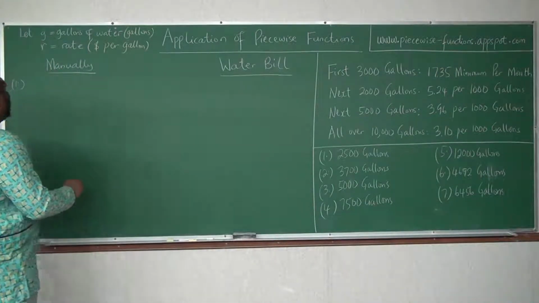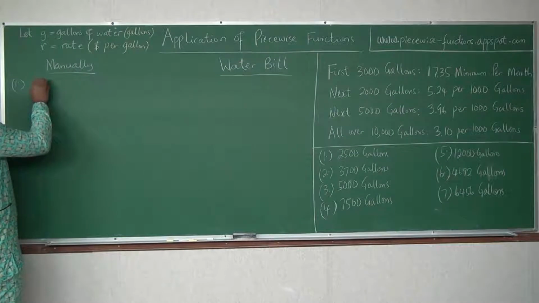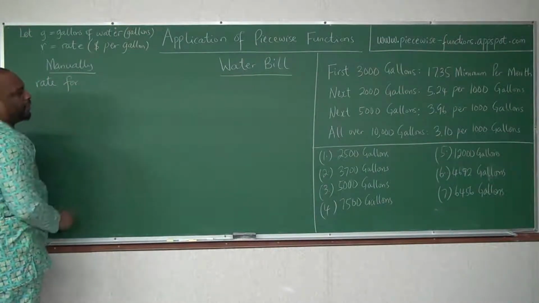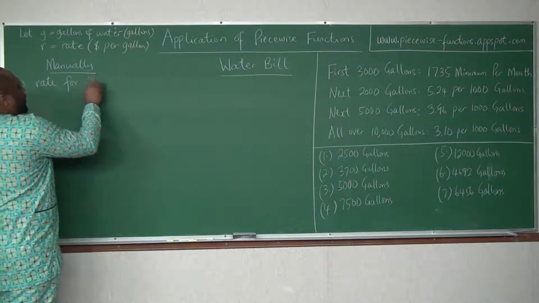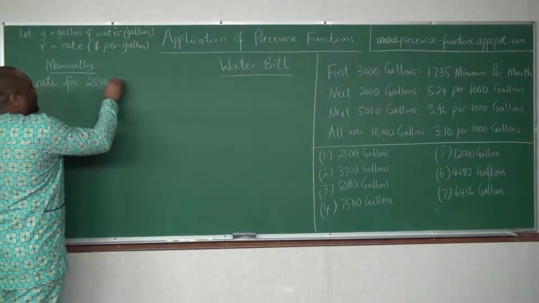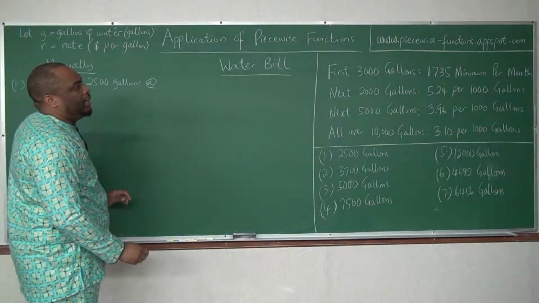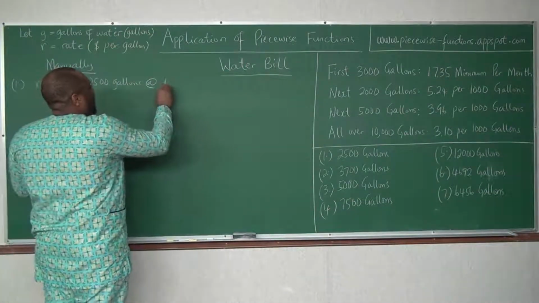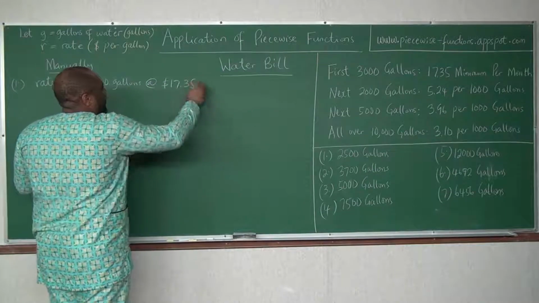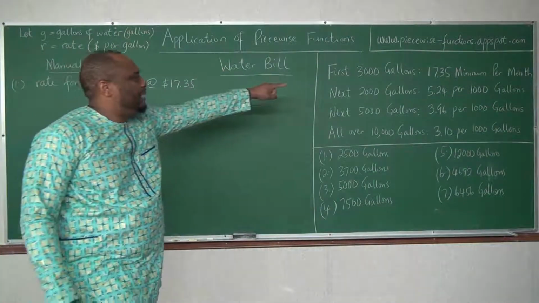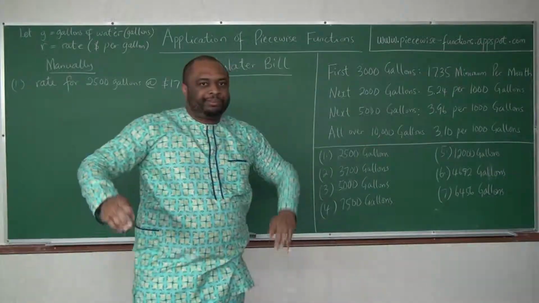So we have that the rate for 2,500 gallons, at $17.35 minimum, because this 2,500 gallons is within the first 3,000 gallons.